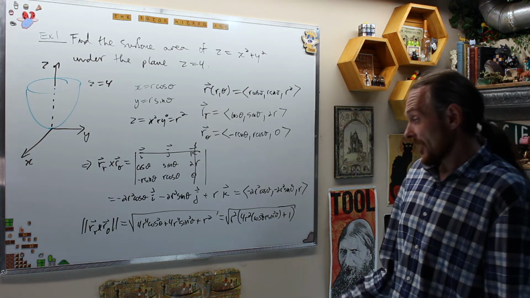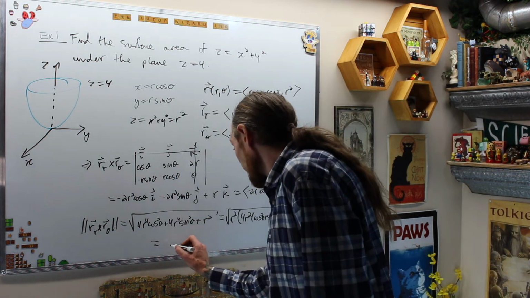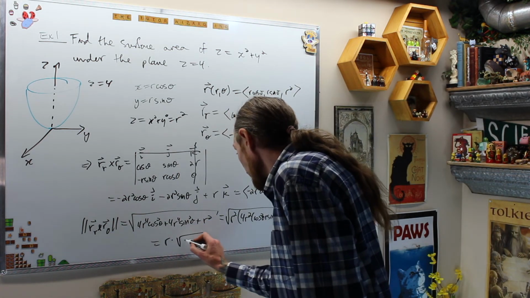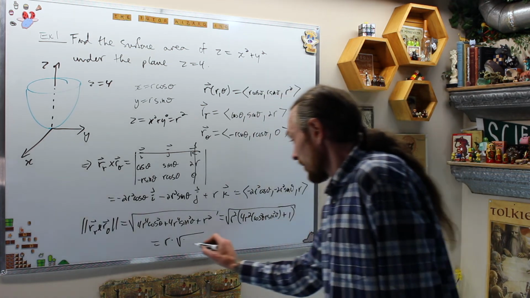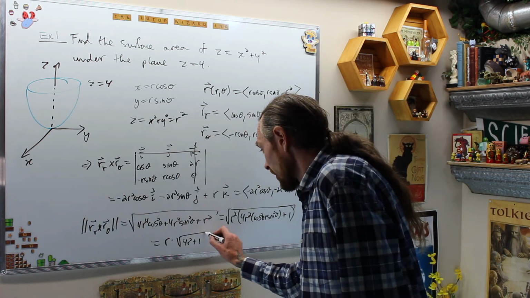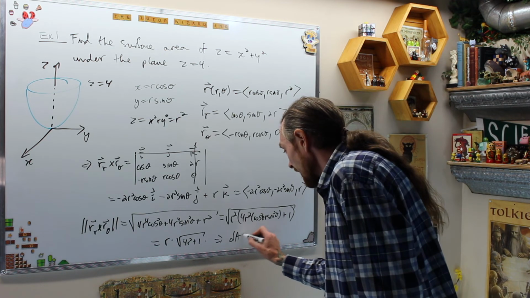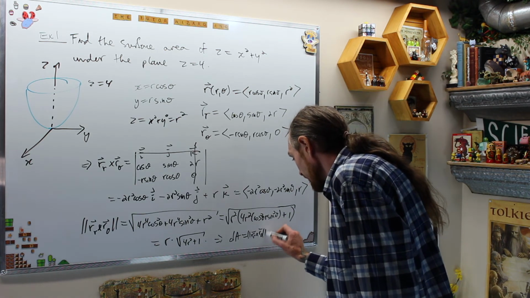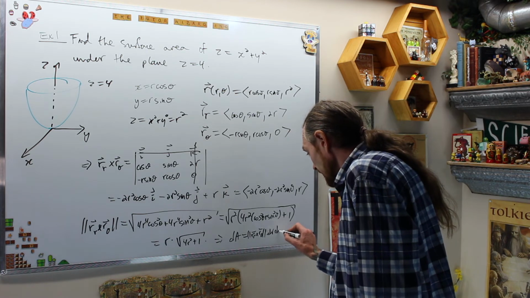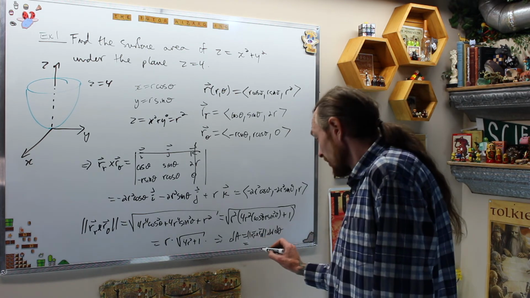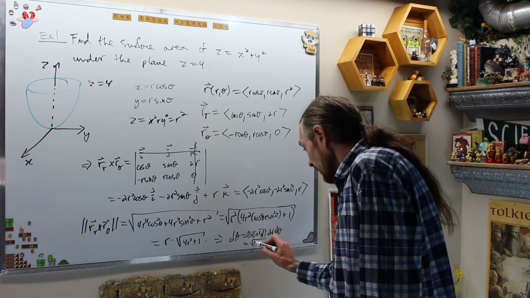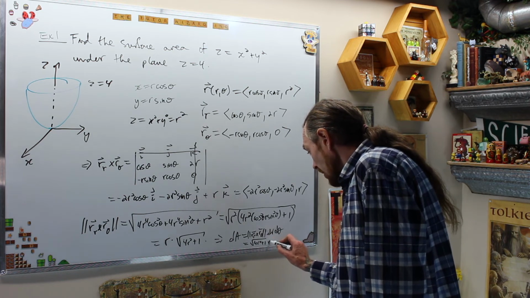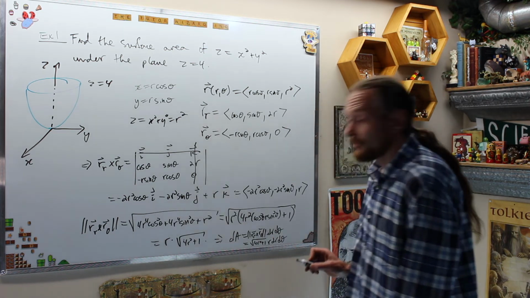If I factor everything out carefully, that is going to give me r times the square root of 4r squared plus 1. That means that dA is going to be the norm of r_r cross r_theta dr d theta, which is going to be the square root of 4r squared plus 1 times r dr d theta.